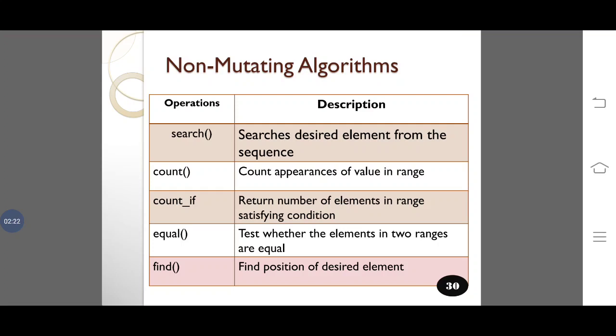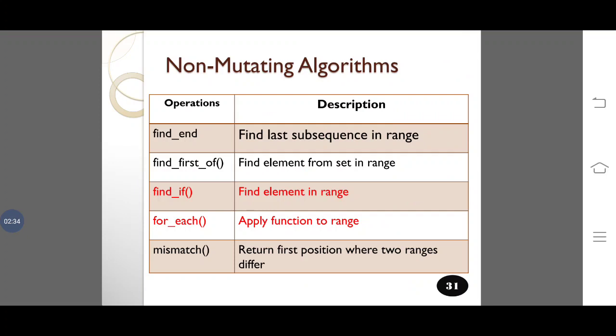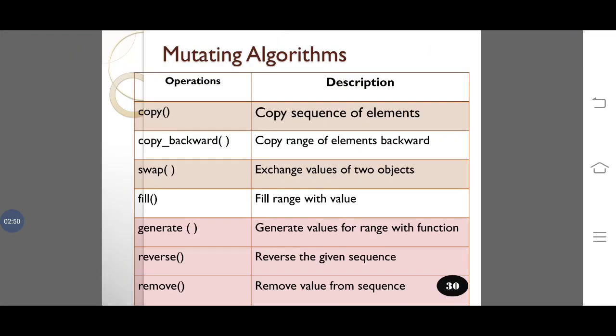To check whether two ranges are equal or not, you have the equal function. They just check, but do not modify. Then find locates the position of the desired element in the range which satisfies the condition, and the mismatch function returns the first position where two ranges differ.